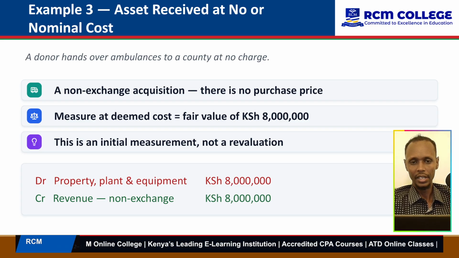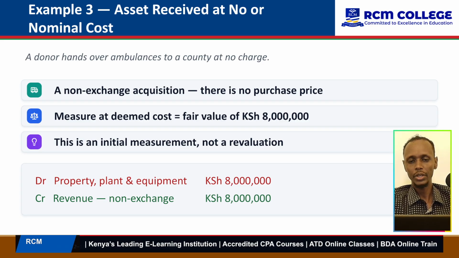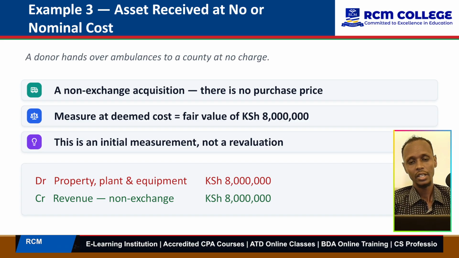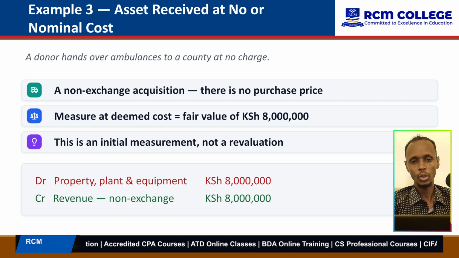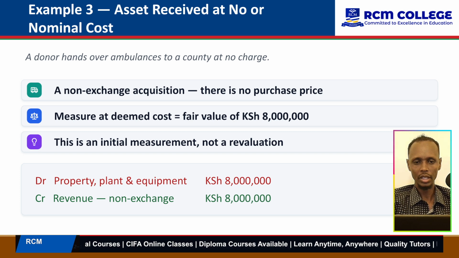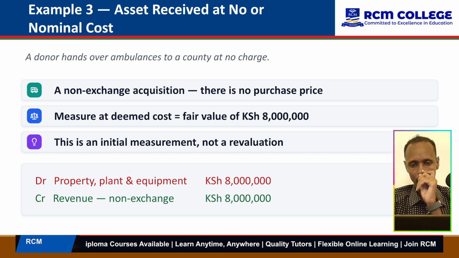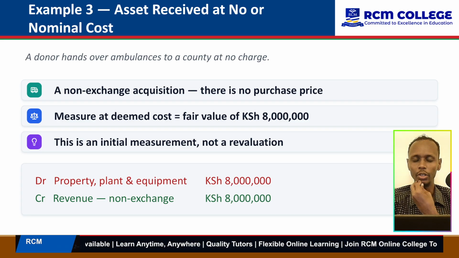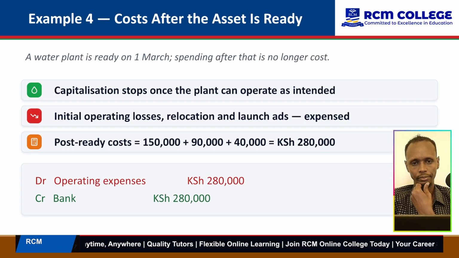That is the price. We call it the deemed cost, and that is the amount you will put in your books. In this case, the deemed cost, the substitute cost, or the surrogate cost is 8 million. So you debit property, plant and equipment with 8 million, and credit revenue of 8 million.